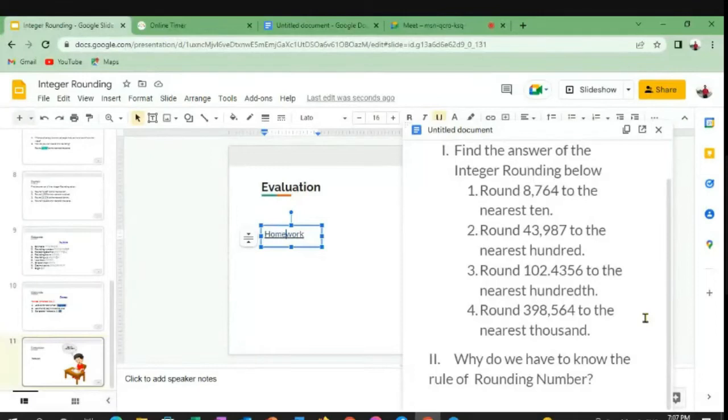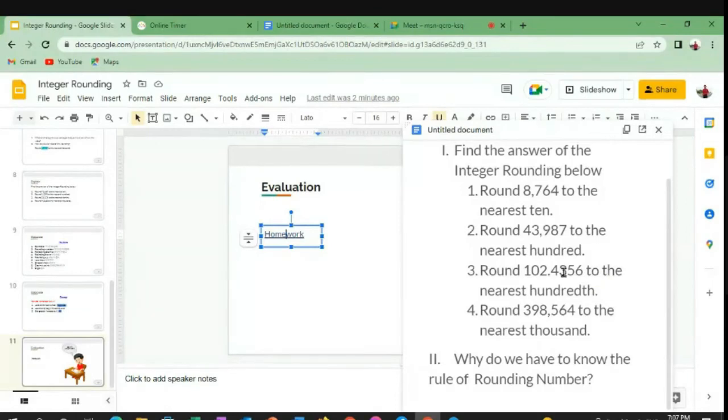Teacher, explain number 3 of the homework. It is the same as our lesson about decimal numbers. Round 102.4356 to the nearest hundreds.